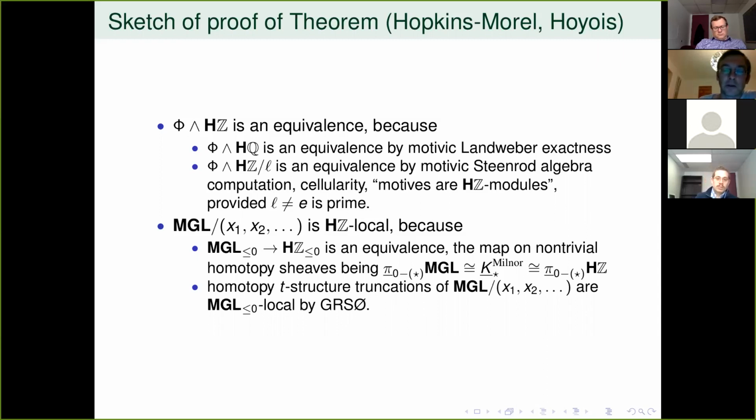So the problem is we don't really know what the dual mod p Steenrod algebra looks like over a field of characteristic p. And people are still working on this. Yeah, I just talked to Markus Spitzweck about this during lunch. He's still working on it.